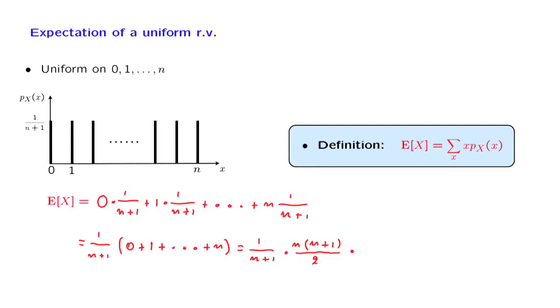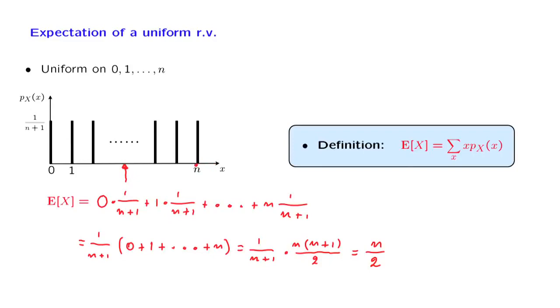And after doing the cancellations, we obtain a final answer which is n over 2. Incidentally, notice that n over 2 is just the midpoint of this picture that we have here in this diagram.